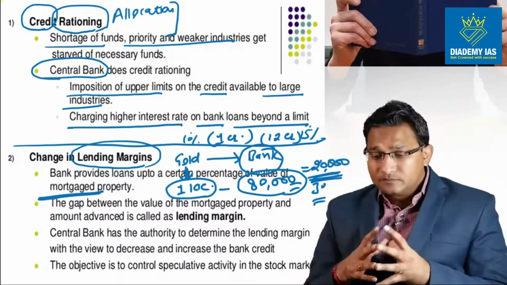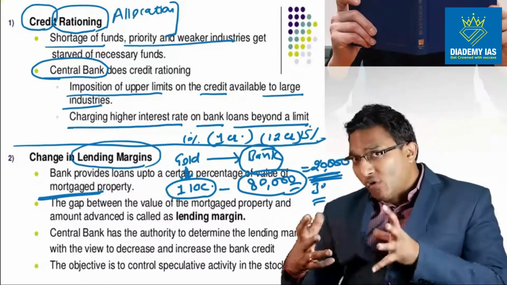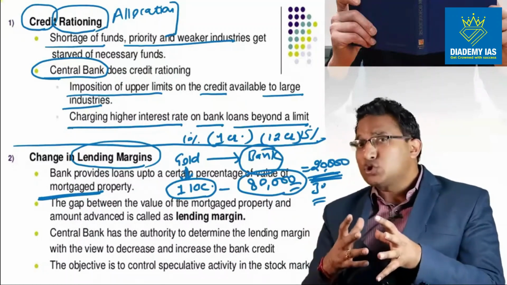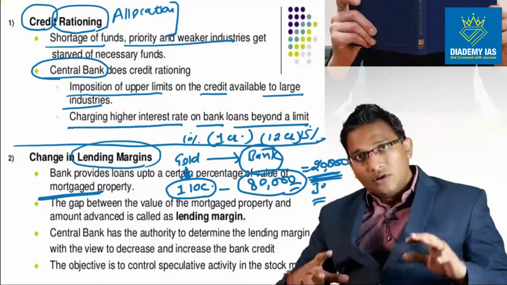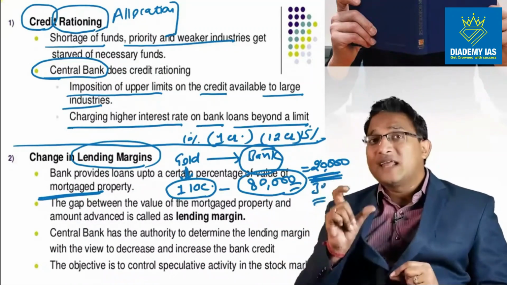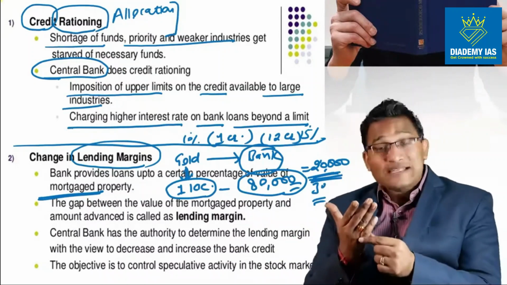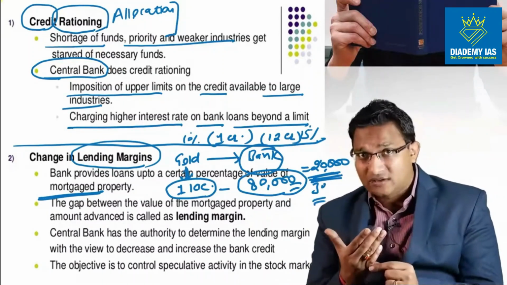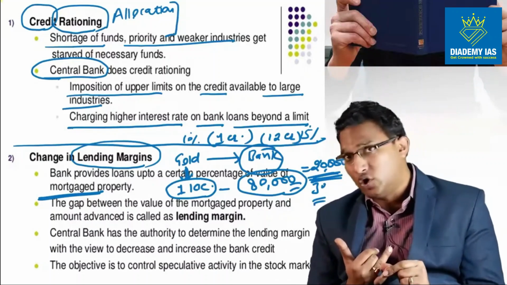And you might think, sir, if it is impacting the volume of the money supply, should it not be included in the quantitative tools? No, it will not be included, because this lending margin can be changed for particular sectors. Sometimes it will be used for the auto sector, sometimes for home loans, sometimes for education loans.